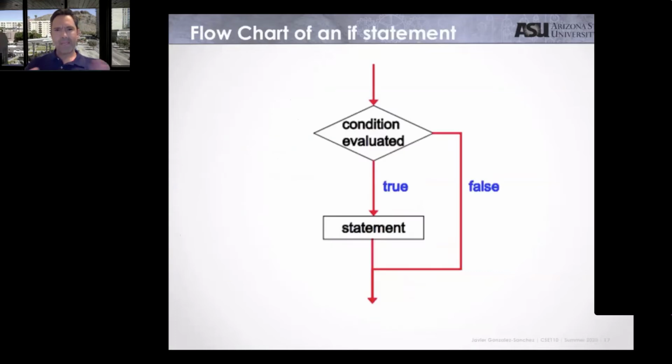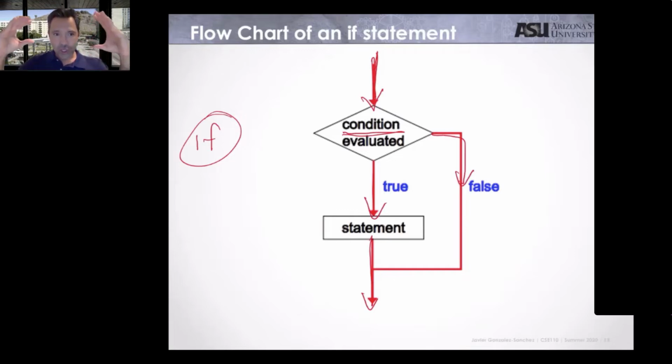Now, if you want to visualize this in a graphical way, usually our programs go top down, but when you have an if, this new instruction, and when you have this condition, what you are creating is two different paths, two different possibilities in your program. Because condition true, something is going to happen.